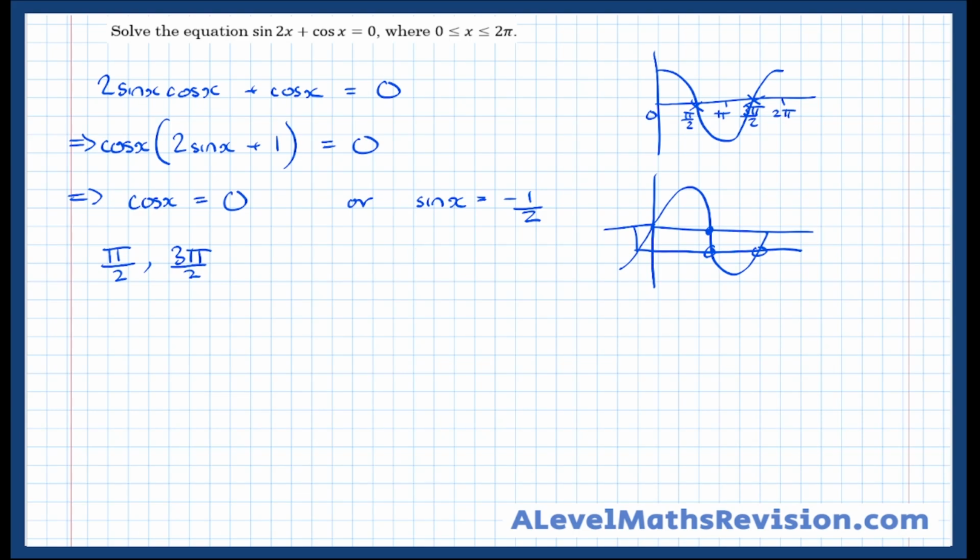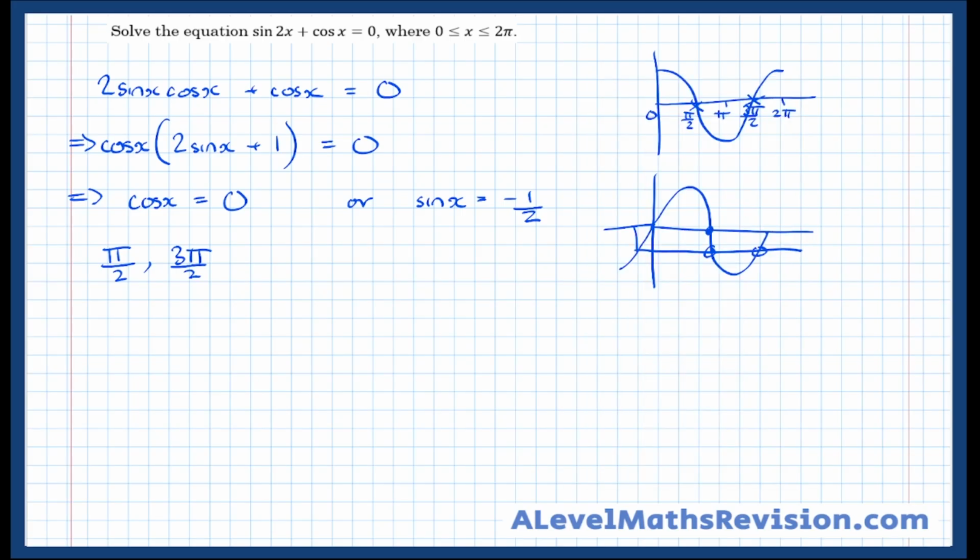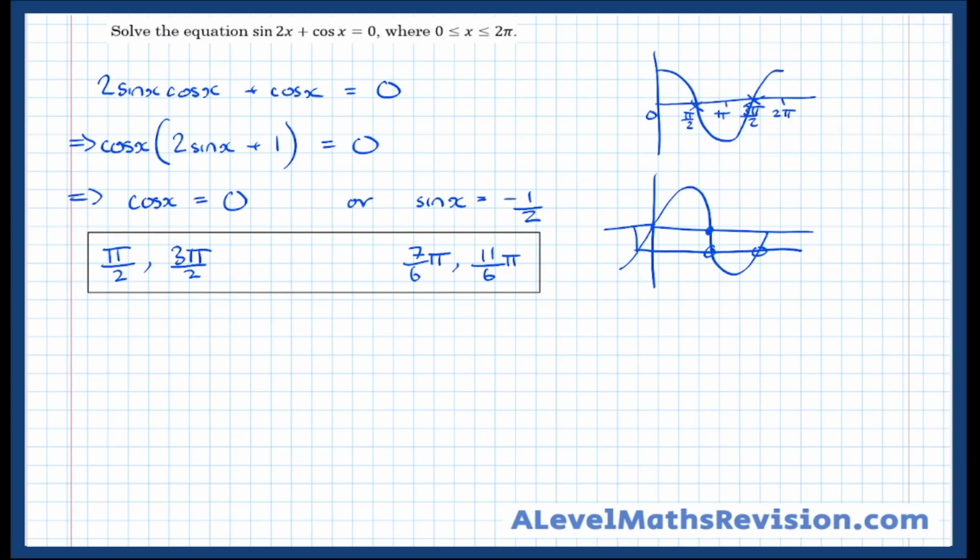So pi plus 1/6 pi is 7/6 pi. 2 pi minus 1/6 pi is 11/6 pi. And you can verify that on the calculator. So there are all of our answers. Let's make them obvious like that. And we're done.